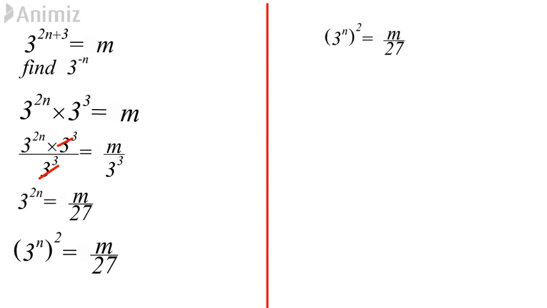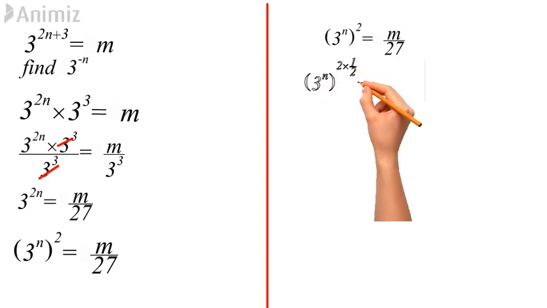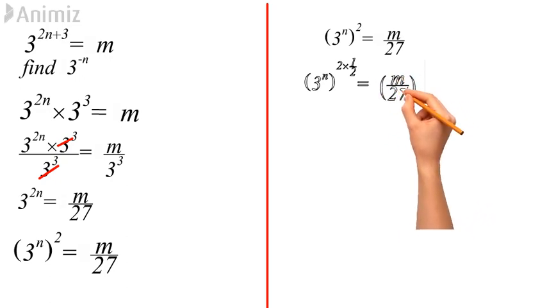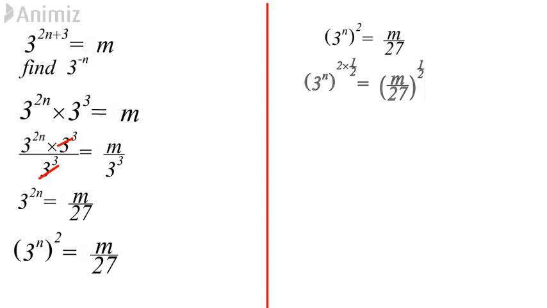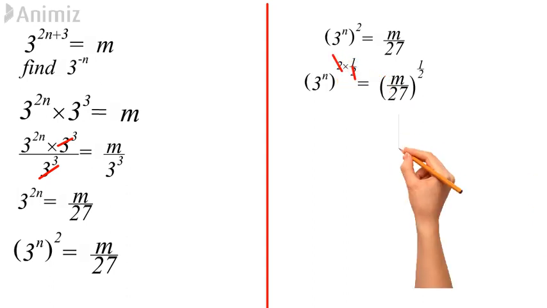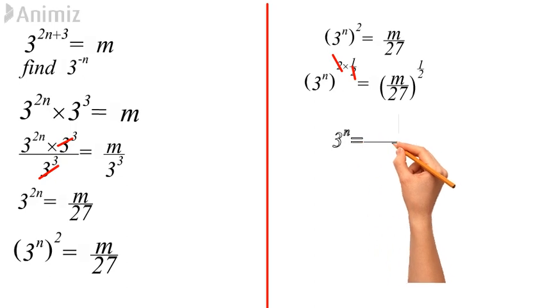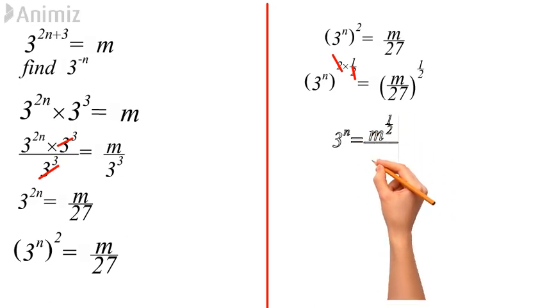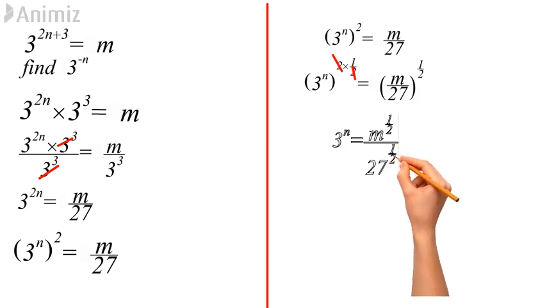So taking half on both hand side, 3 exponent n power 2 times half is equal to, we do the same thing on the right hand side, m over 27 exponent half. Right. So further simplifying, you can see the 2 will cross out these 2 and you'll be left with 3 exponent n, and on our right hand side will be written in the form of m power half over 27 power half.